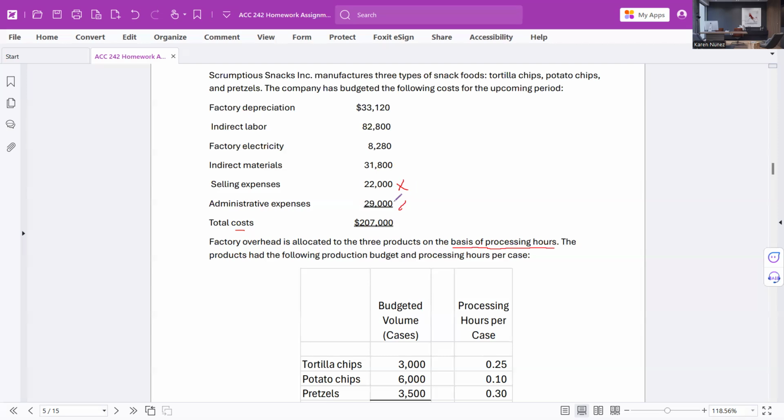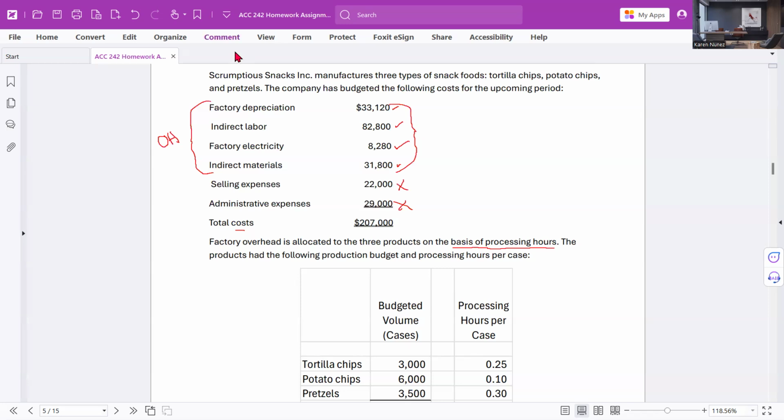Overhead does not include administrative expenses. Overhead does include the depreciation, the indirect labor, the factory electricity, and the indirect materials. So all of these items make up our overhead. That's what we're going to call overhead. We've got to add all those pieces together, and when we add all those pieces together, we're going to get our overhead number.